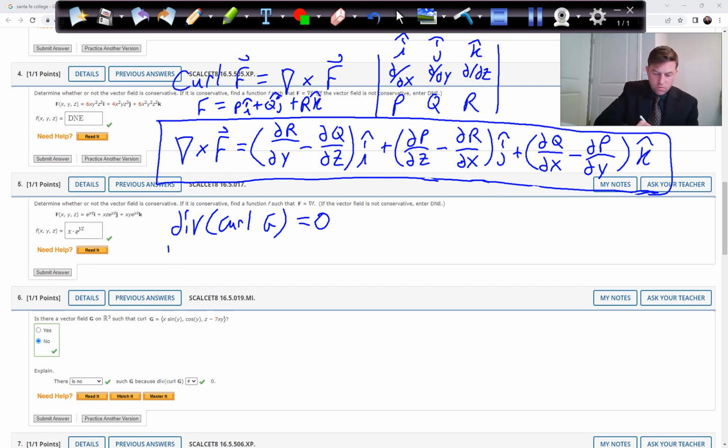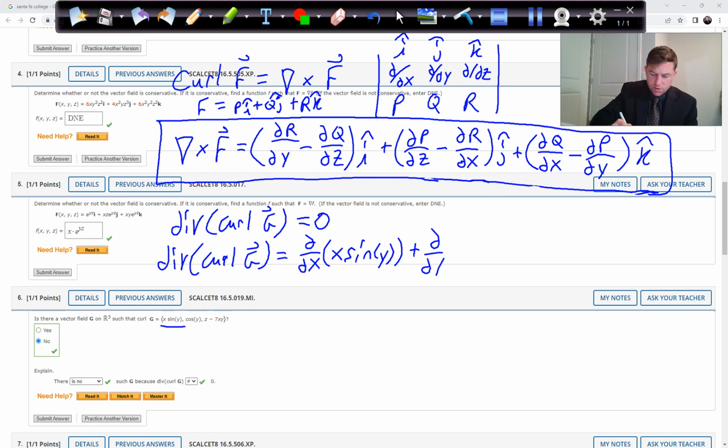So the divergence of curl G is going to equal, in this problem, partial with respect to x of the first term of the curl, x sine y, plus partial with respect to y of the second term of the curl, cosine y, plus partial with respect to z of the third term in the curl of G, z minus 7xy.